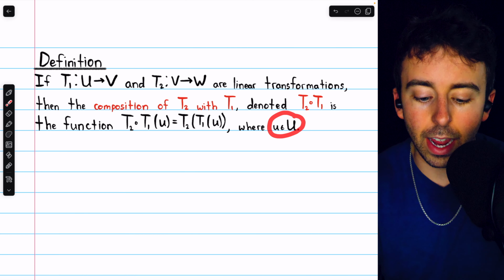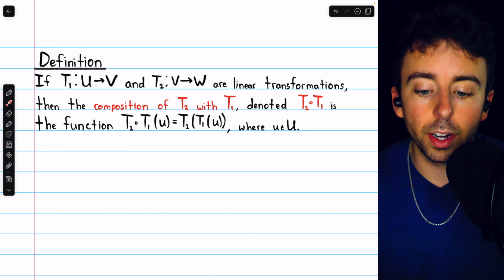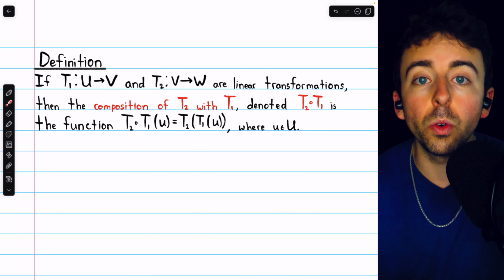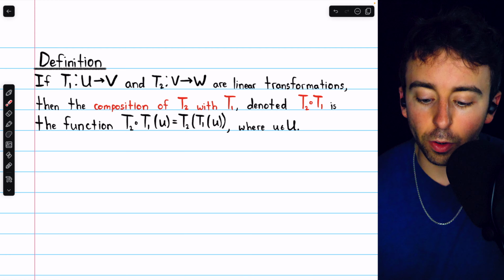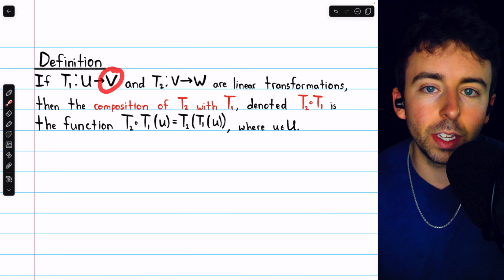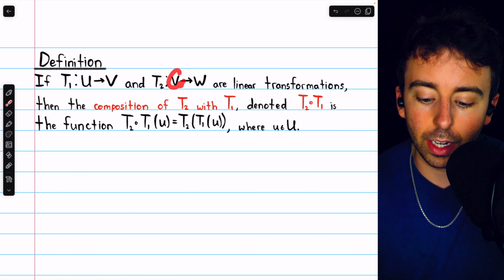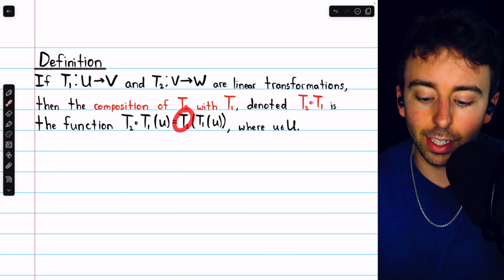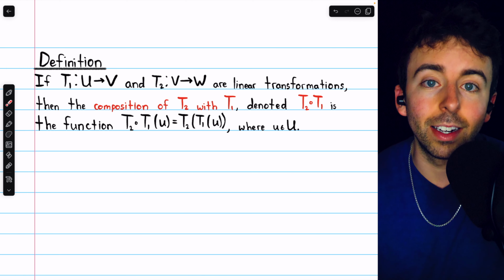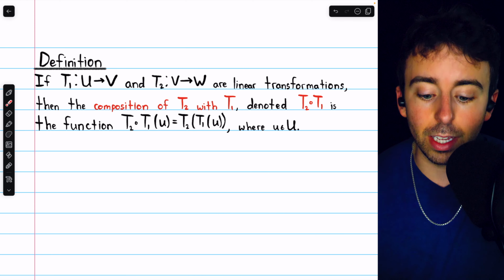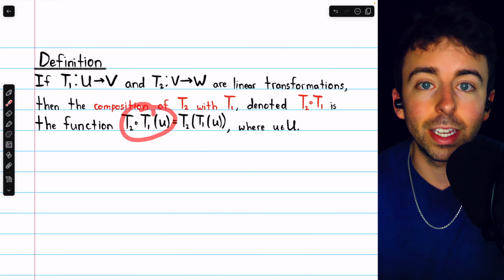A vector is taken from the domain of T1, and when we plug that into the composition of T2 with T1, the vector is first sent through T1, which of course takes it to V. V being the domain of T2 means that we now have a vector that can be plugged into T2, and the image of that vector under the transformation T2 is the final image of the vector under the composition.